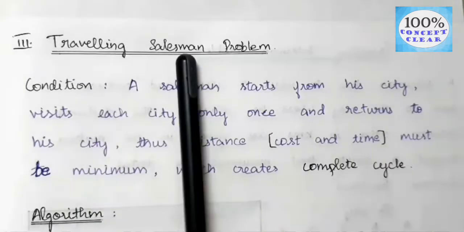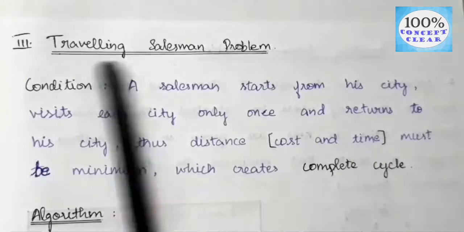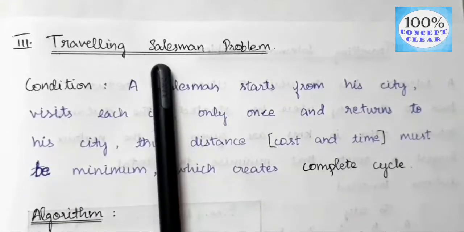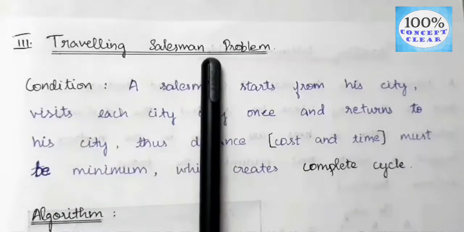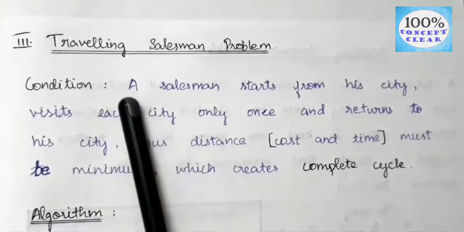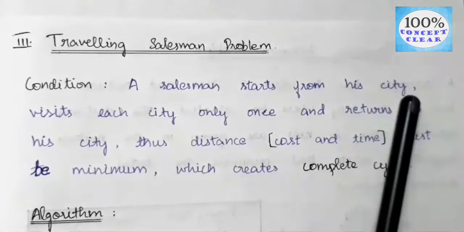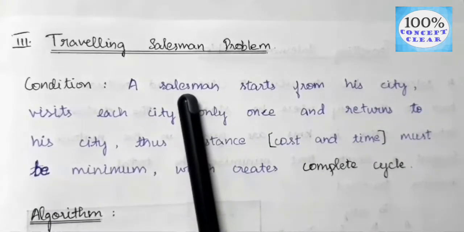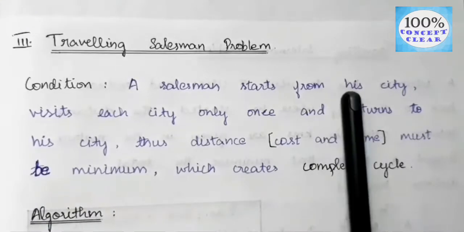See, traveling salesman problem. So from the topic itself we can understand that this type of assignment problem is related to the traveling of a salesman. This is the important condition in the traveling salesman problem. A salesman starts from his city. So now the salesman is going to travel to particular cities. For that he is going to start from his city.